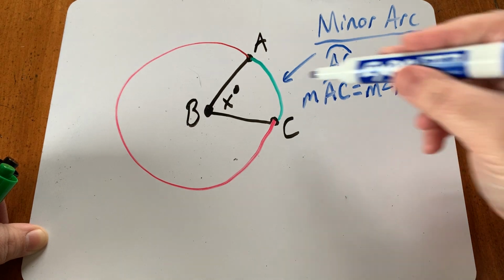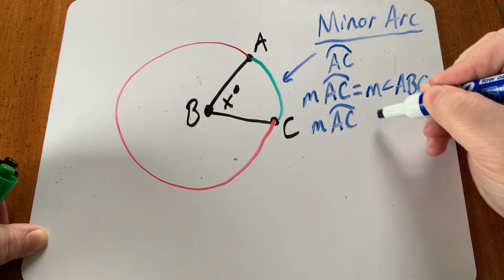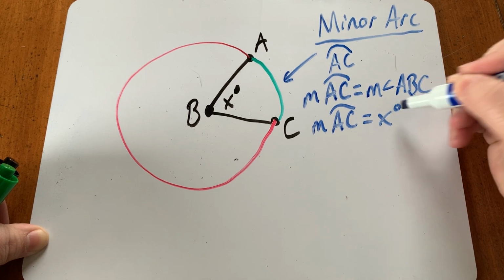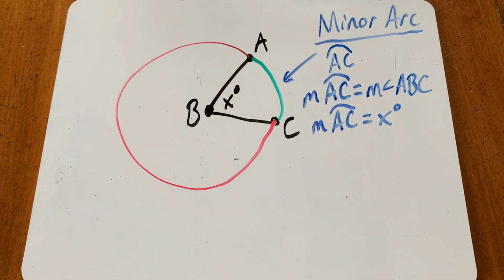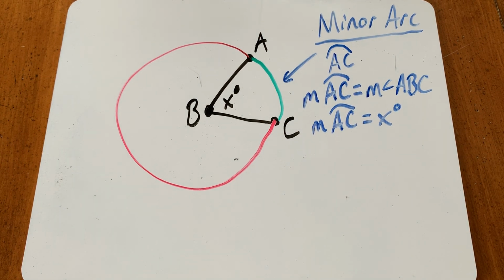So measures of angles are measured in degrees. Measures of arcs are also measured in degrees. The measure of an arc is different than the arc length. We'll talk about arc length later. So that's a minor arc.